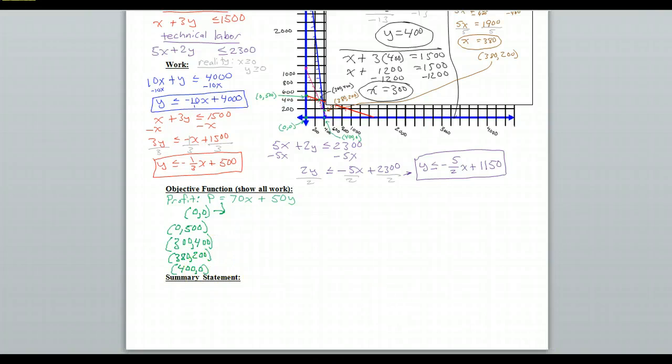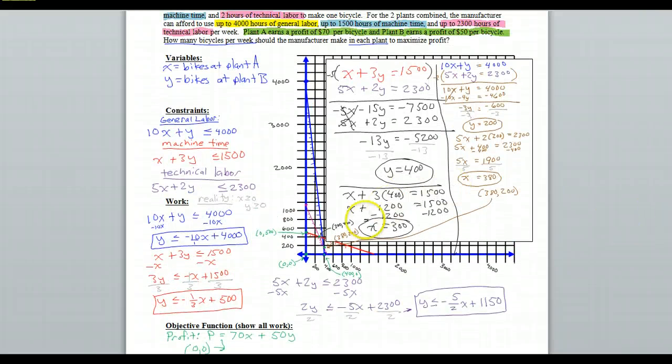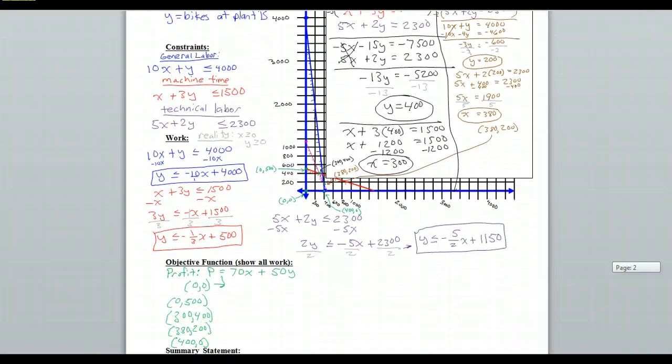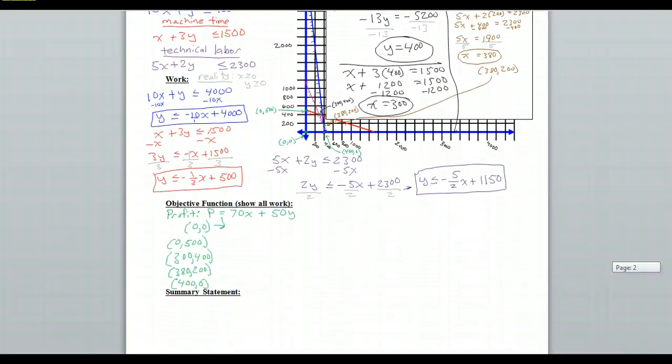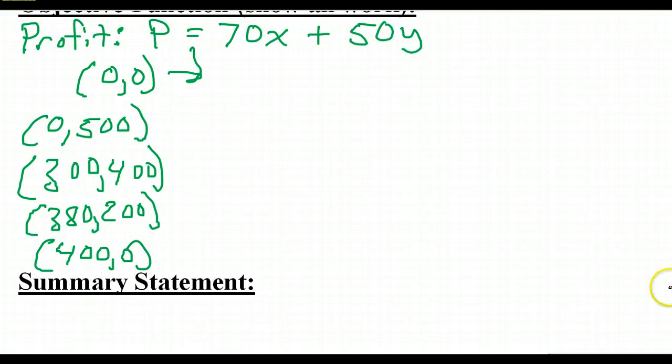So this is a complicated problem. Not only did we have to solve these systems to find these intersection points, but whereas usually there are only 4 vertices or less, this time there were 5. So let's zoom in as we actually do the math.